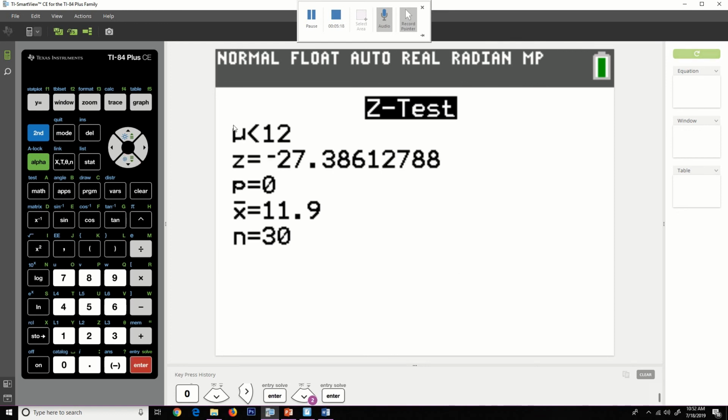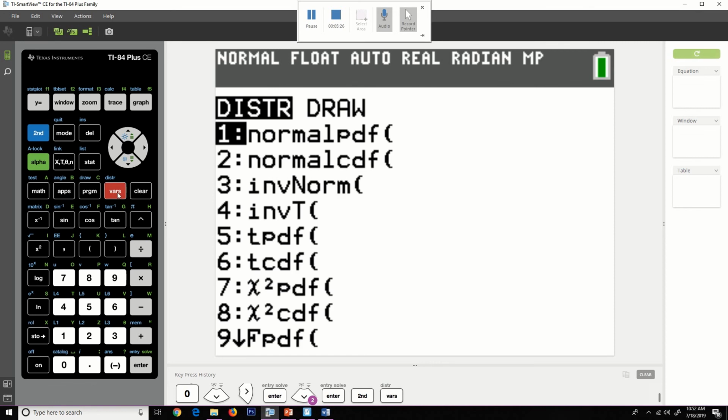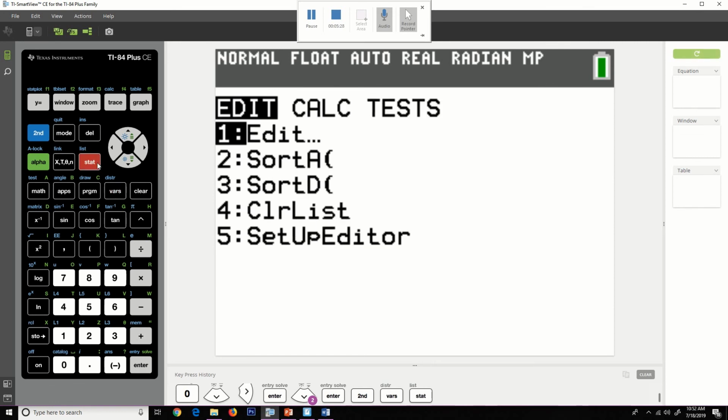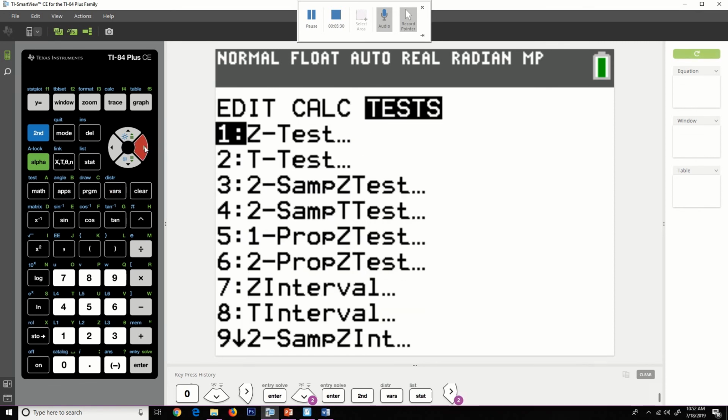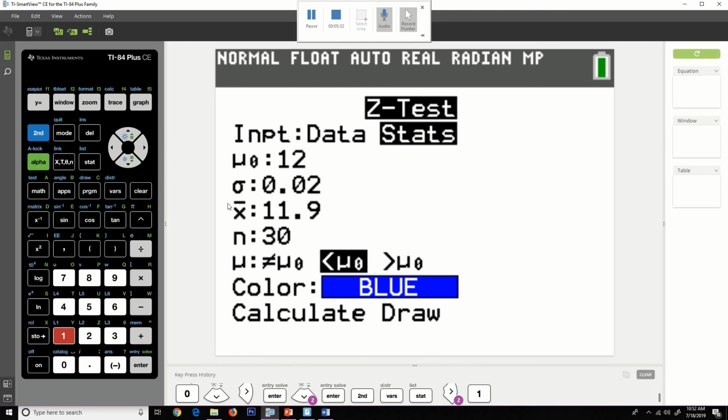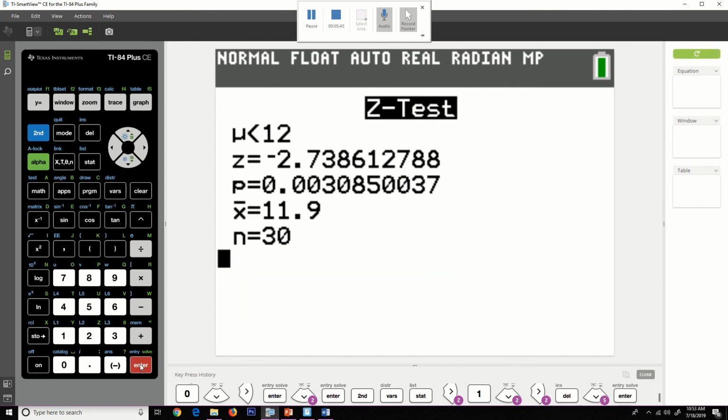And after I've calculated all of this stuff, we can see, there's a mistake there. Let's go back in here, test. What did I do wrong here? There it is. The standard deviation was not 0.02, it's 0.2, so let's delete that. All right, sorry for the mistake. I'm sure you all saw it, but here we go.